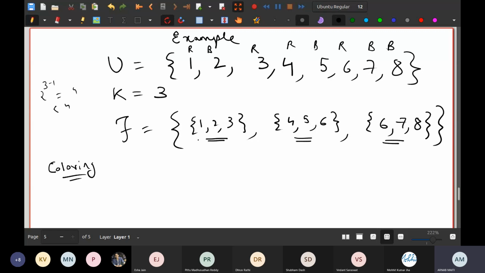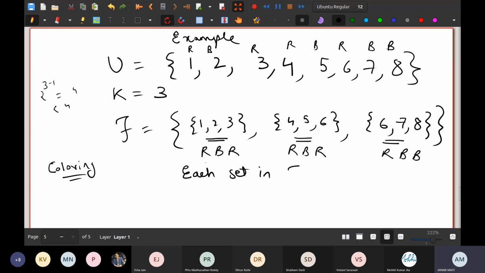Then what will be the colors of elements in this set? R, B, R. Here we will be having R, B, R, and we'll be having R, B, B. So each set in F is not monochromatic.